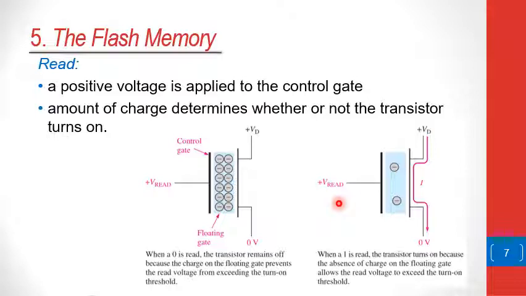Alternatively, when a 1 has been stored, when the positive voltage is applied and there is no charge on the floating gate, the transistor will turn on, and so the current from VDD will begin to flow to the drain. Because the transistor is on, this will be read as a 1.